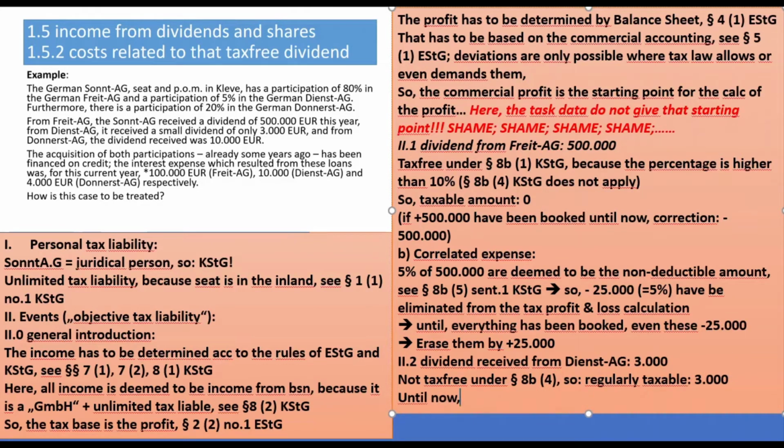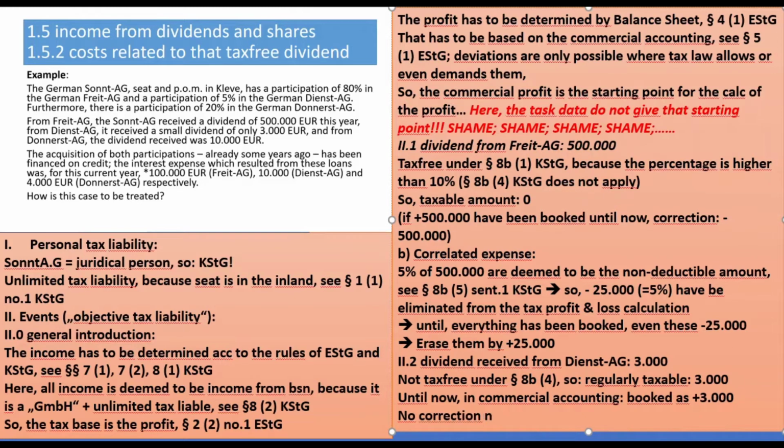Until now, in commercial accounting, booked as plus 3,000, no correction needed. No application of paragraph 8b5 KStG, because not exempt. What's not tax-free does not entail the consequences of a tax exemption, naturally and clearly.